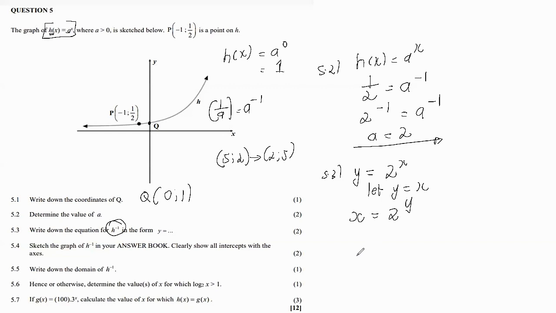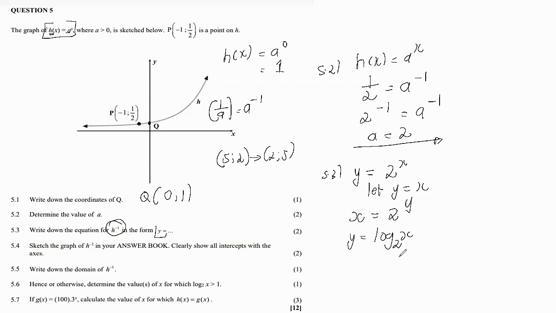But then remember, in any equation, I should always make y the subject of the formula. Now, how do I make y the subject of the formula here? I now introduce my log rules, and you do not have to know everything about logs when it comes to grade 12. Only this log rule that says if you want to make your exponent here the subject of the formula, you just put it here and then say log base, and then you put the value there, right?